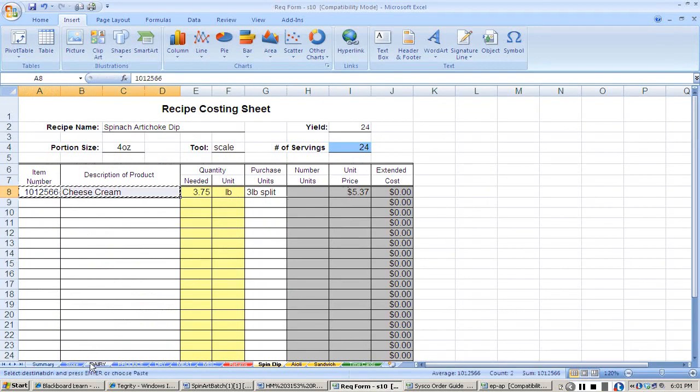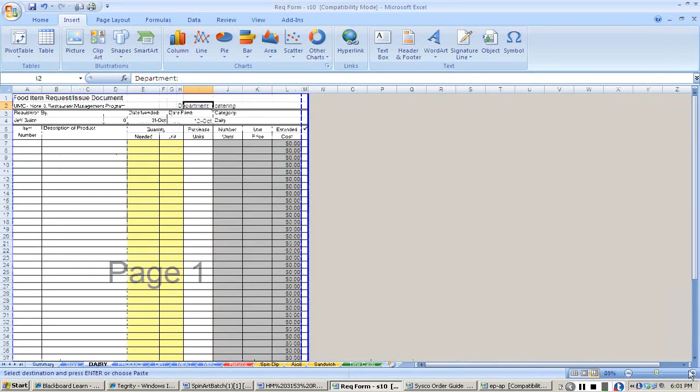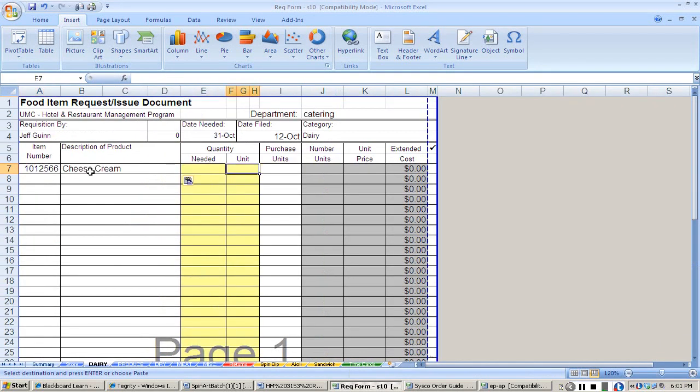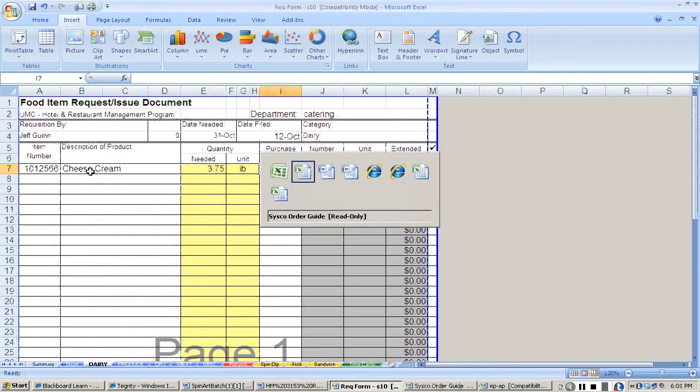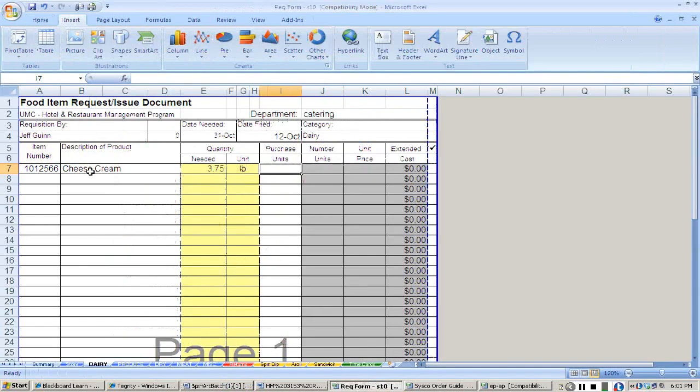Let me go put this in my dairy tab. Quantity needed was 3.75 pounds. Purchase units, 3-pound split. I'm going to have to buy 2 of those, and it's $5.37 per unit.